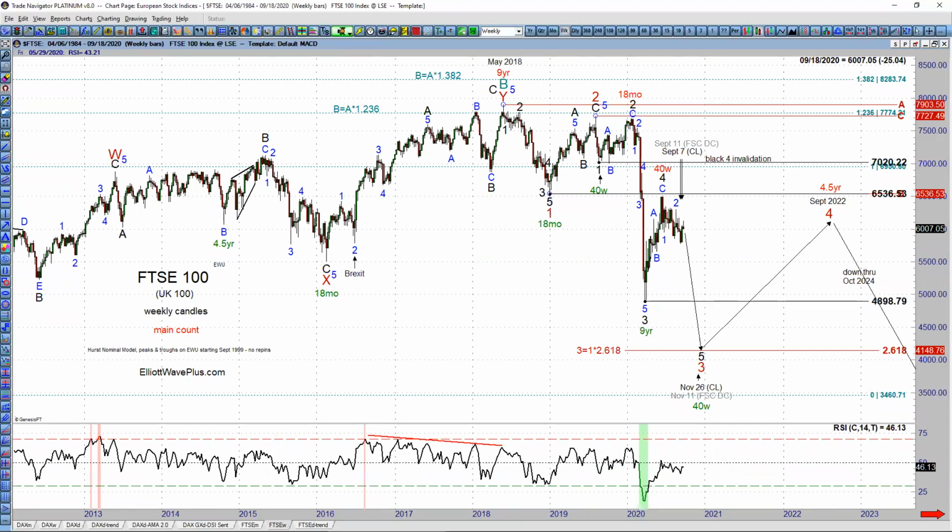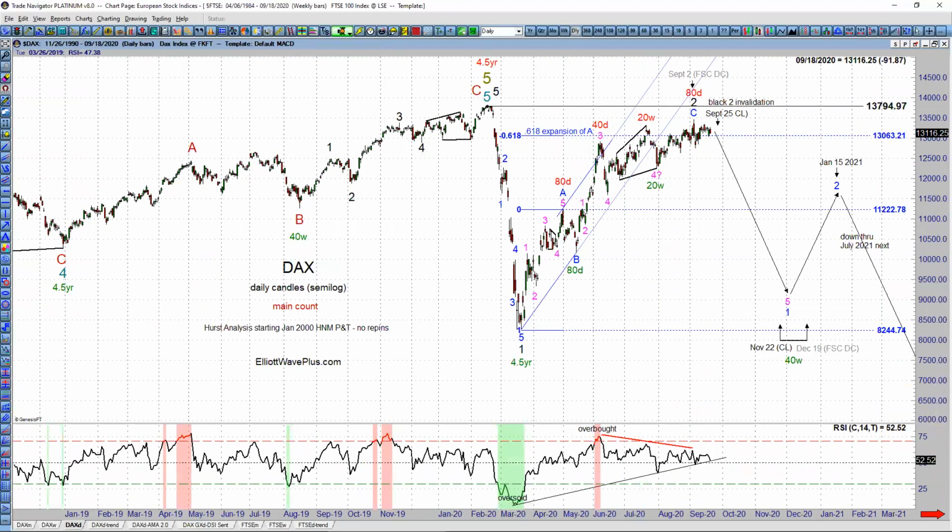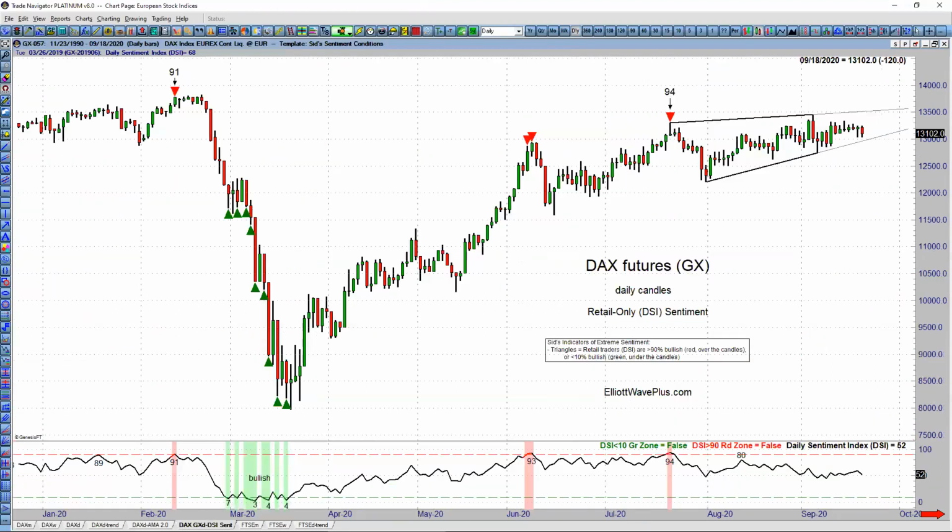William says, be sure on the DAX, if you do see a break here, breakout.